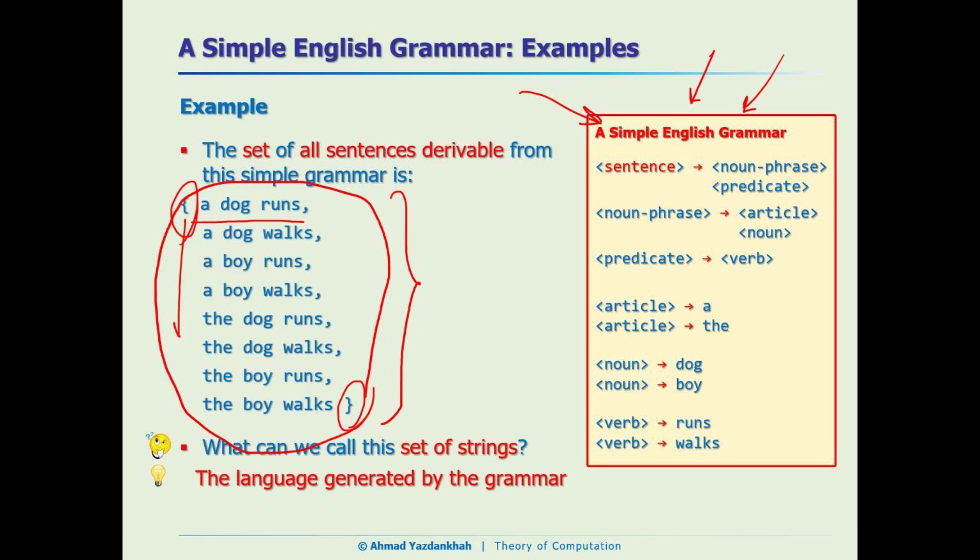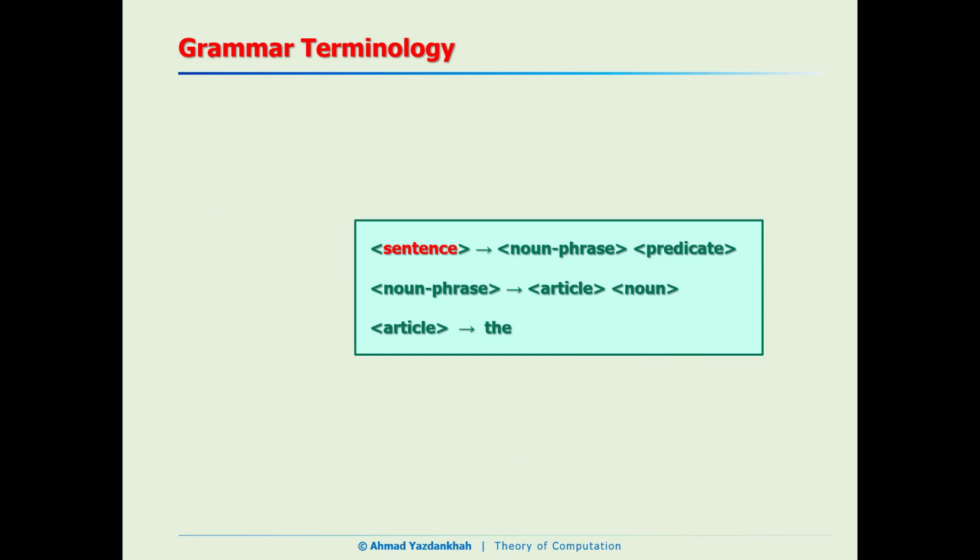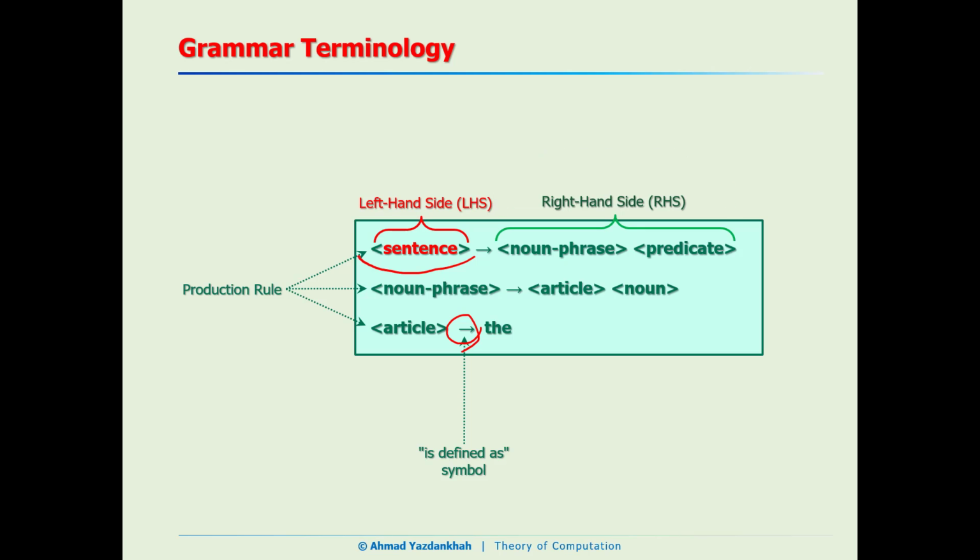Fantastic. All right. Now let me go over all of the terminologies we introduced so far, and let's summarize them in one slide. So we talked about the production rules, and we used this symbol as "is defined as". Also we talked about this side of the production rule as the left hand side or LHS, and definitely the other side as the right hand side, right?